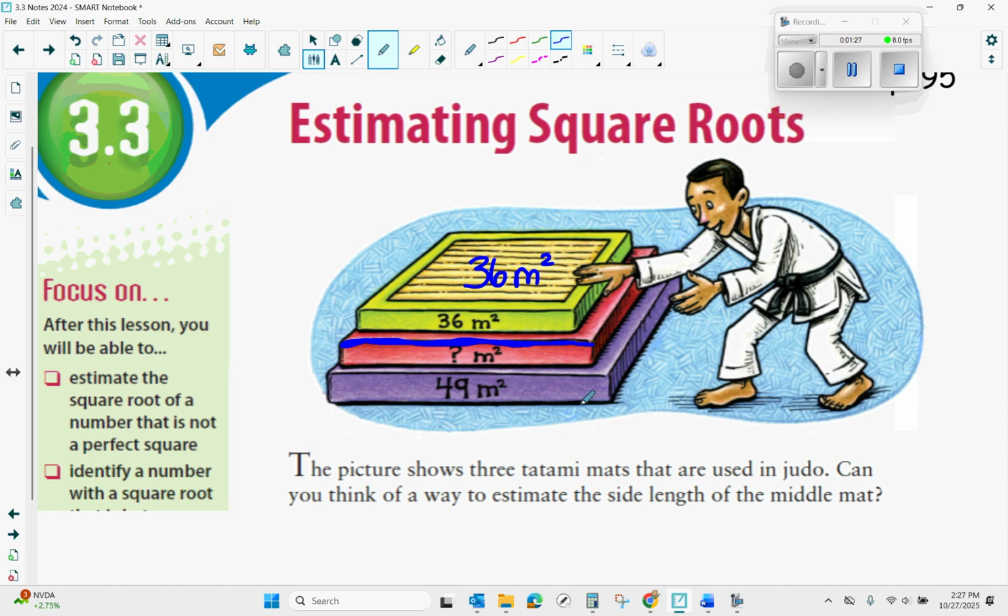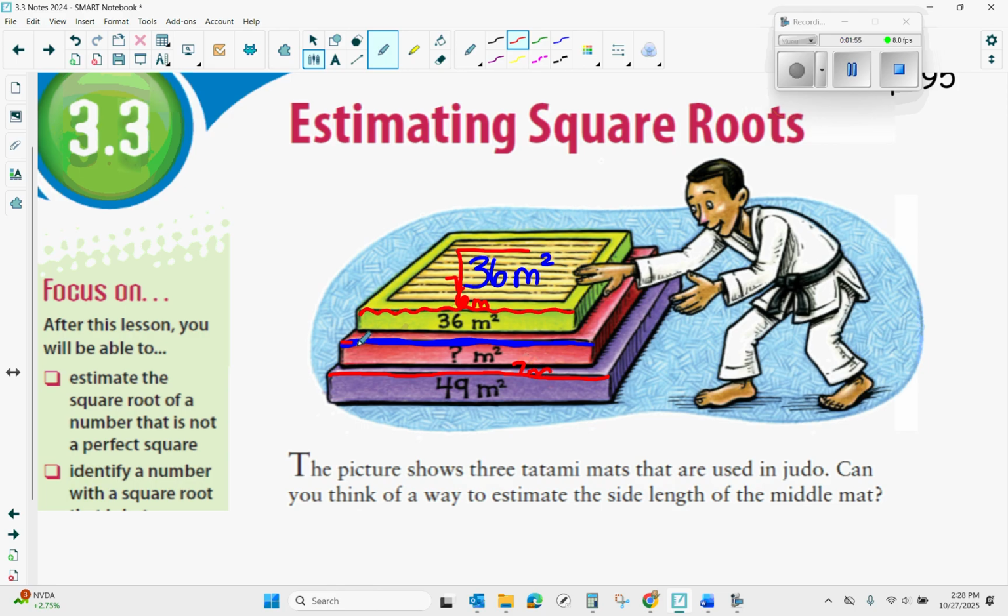Okay, so what I'm hoping you're thinking today is if the area of this green mat is 36, then that means the square root of 36 is 6. So that means the side length of this green mat is 6 meters. And the side length of this purple mat would be 7 meters.